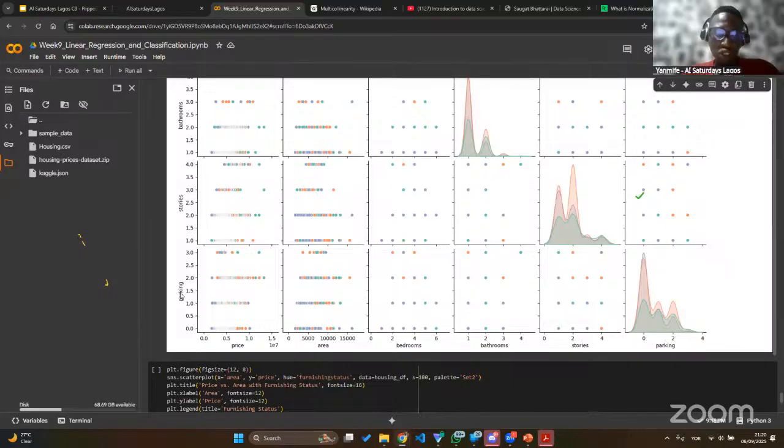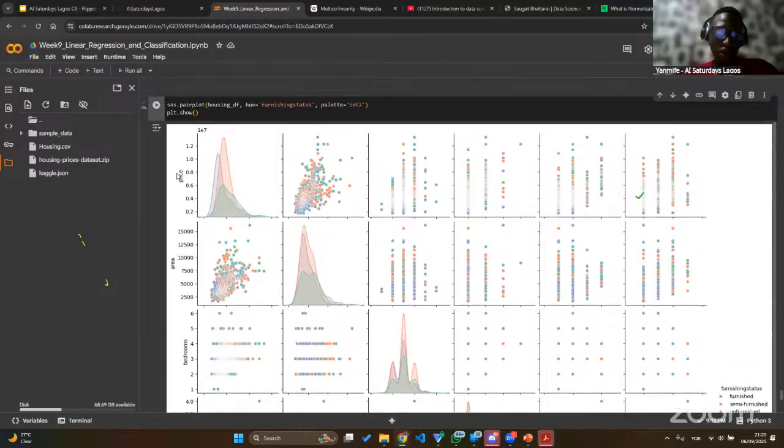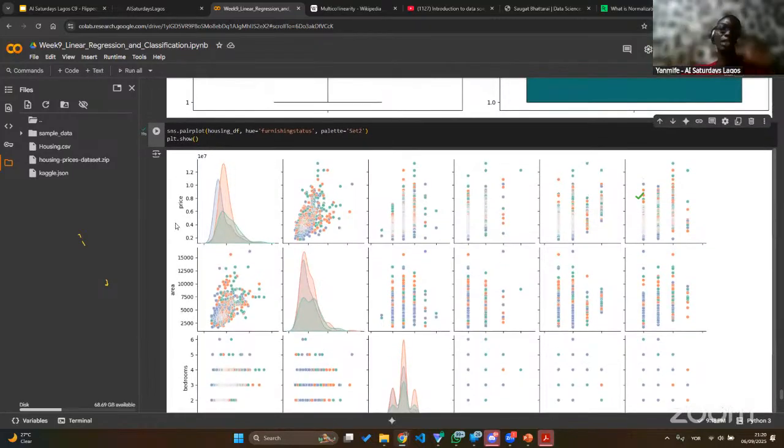It is showing us parking against price. So this is parking on the y-axis, price on the x-axis. So parking against price, parking against area, parking against bedroom, parking against bathroom, parking against number of stories. Do you get it? We have the same thing on the x-axis and also on the y-axis. So it's just plotting them against each other.